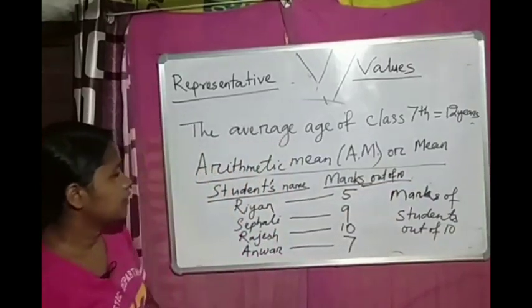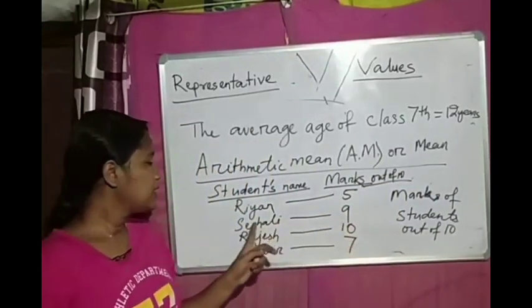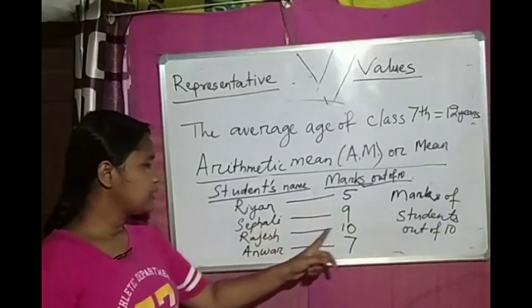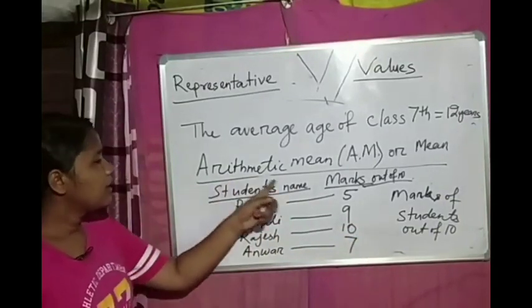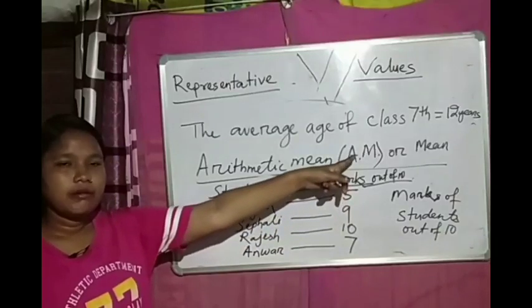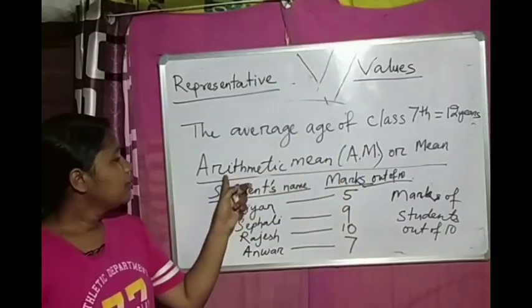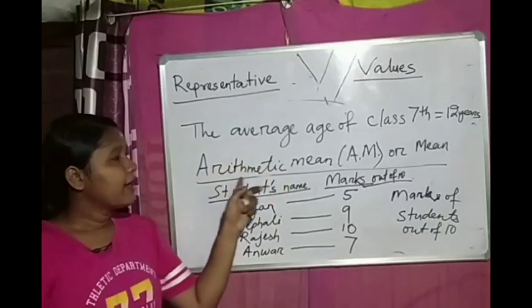Out of 10, how much are they getting? Rian has got 5 marks, Saif Ali has got 9 marks, Rajesh has got 10 marks, and Anwar has got 7 marks. So we'll find the arithmetic mean.